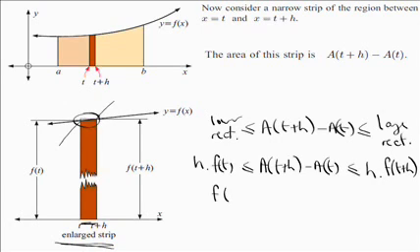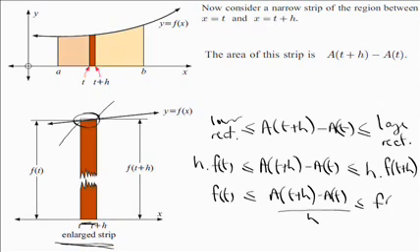Now if we divide all sides by h, we end up with f(t), and in the middle that expression will be divided by h, and on the right hand side term, the h will cancel out.